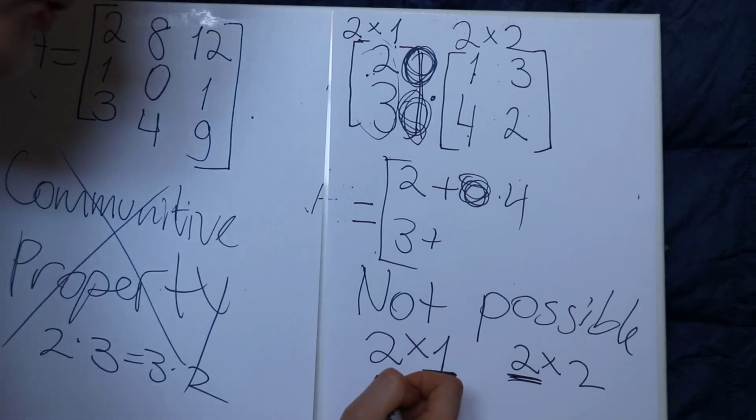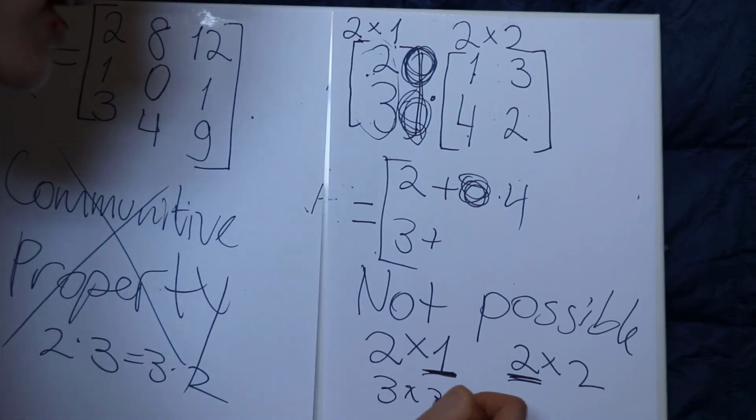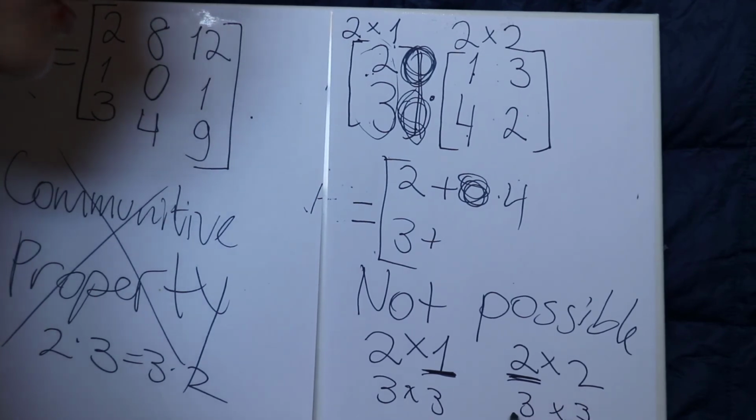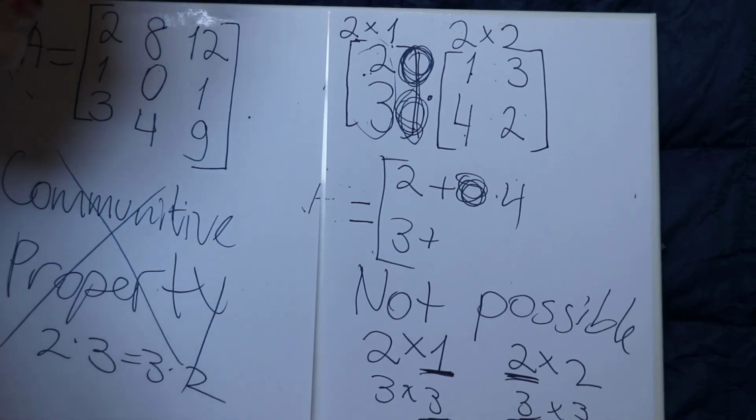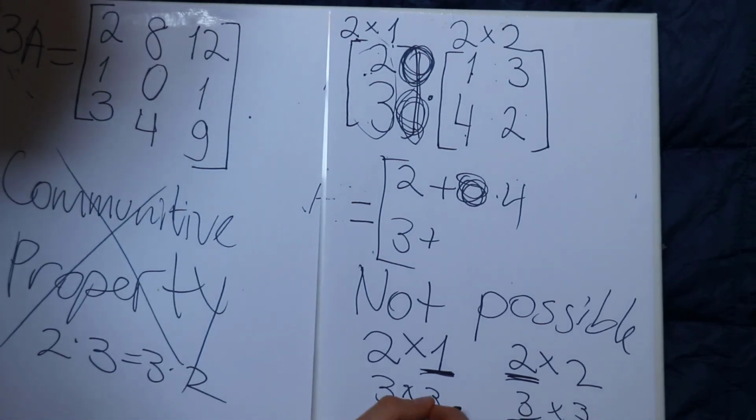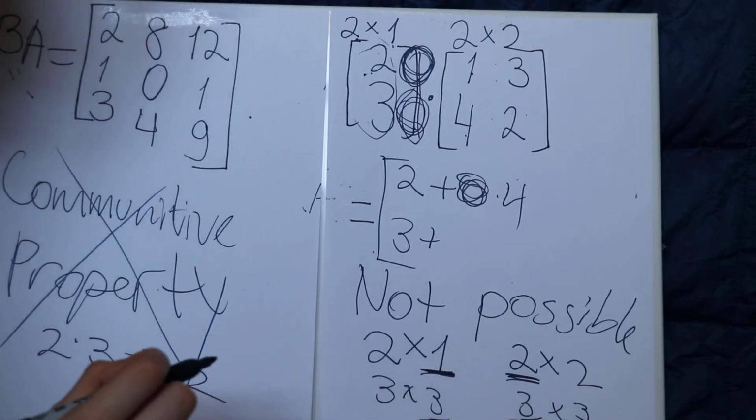But we were able to multiply a 3 by 3 times a 3 by 3, because these numbers were the same. So we had the same number of columns in one matrix to multiply by the number of rows in the other matrix. So these two inside numbers always have to be the same for you to be able to multiply the two matrices together.